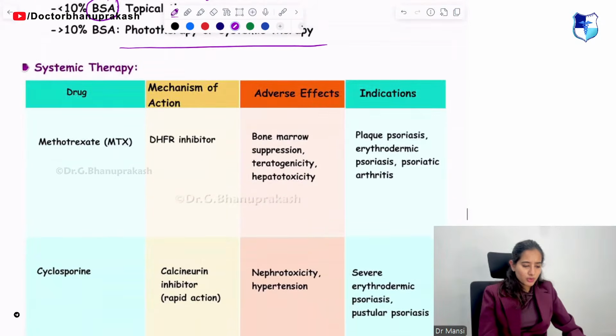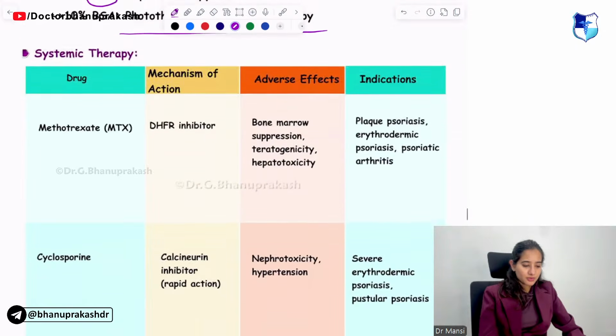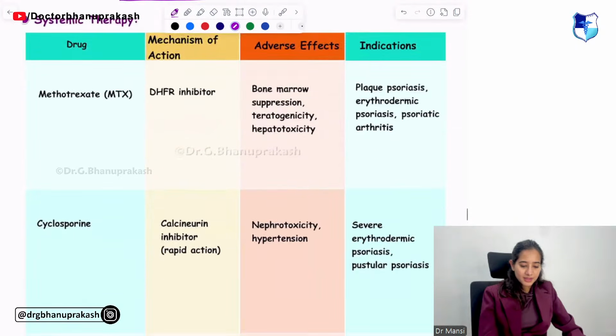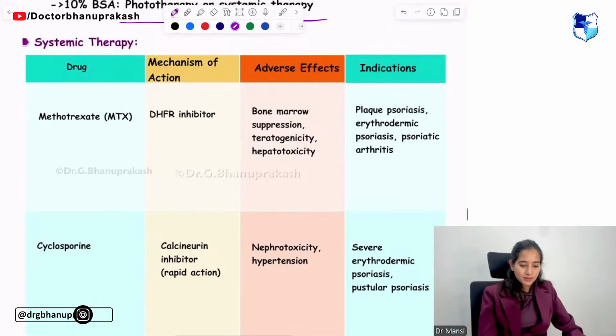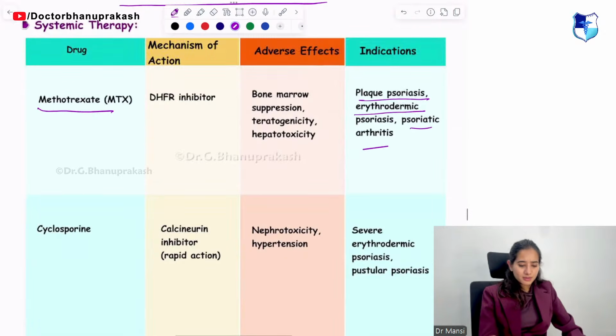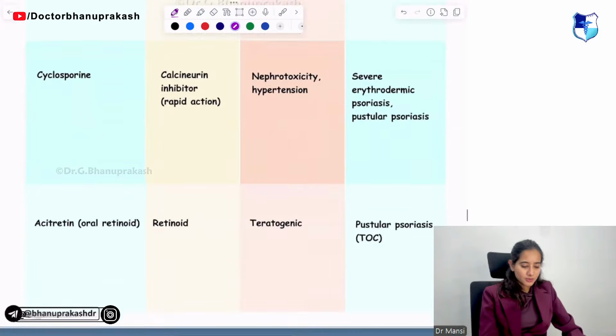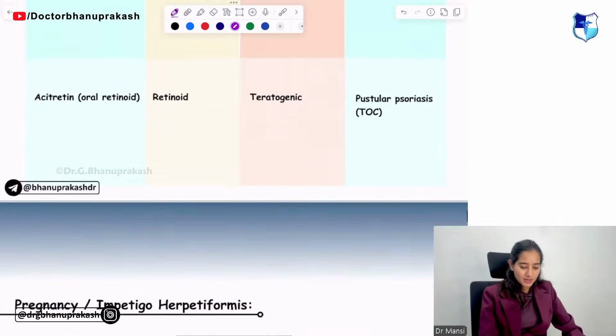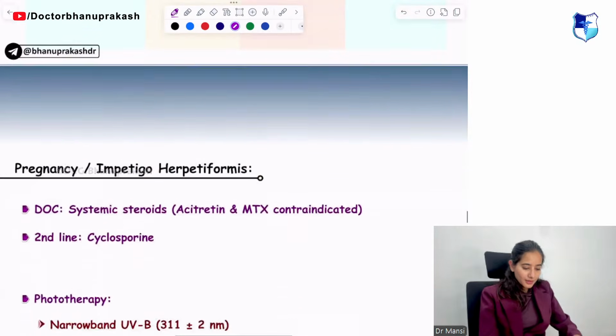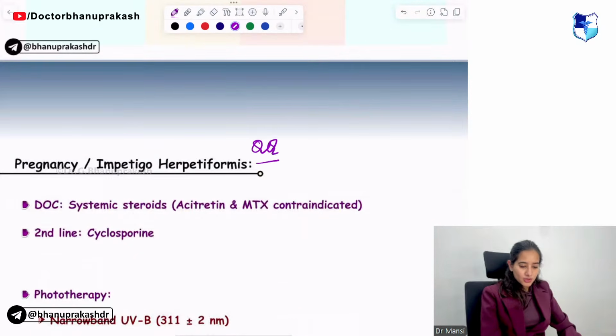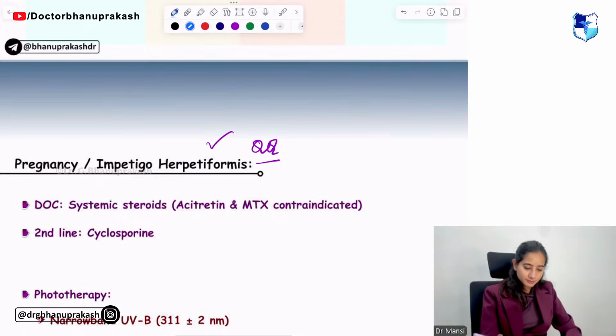Most of the times you will not be asked questions based on the drugs of systemic therapy, but I've just kept for your understanding that methotrexate can be given in plaque psoriasis, erythrodermic psoriasis or psoriatic arthritis. I'll not be getting into the detail of it, because rather we stick to things which can be asked in the exam. This I said you already. In pregnancy, impetigo herpetiformis.